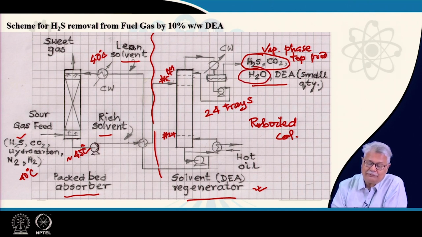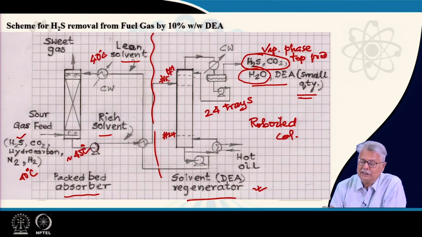I could have given the feed on the top tray itself, but in that case some amount of DEA would have gone to the top also. It would have vaporized and would have gone to the top. That is the reason you have the feed on the 5th tray and not on the top, primarily to reduce the loss of DEA. So, with this configuration you have only a small quantity of DEA which is lost as the overhead vapor.